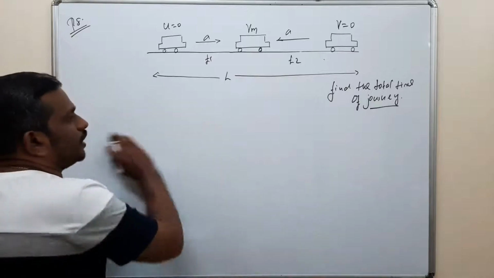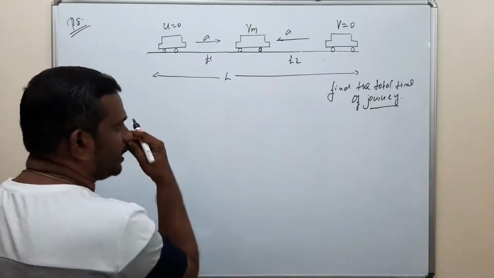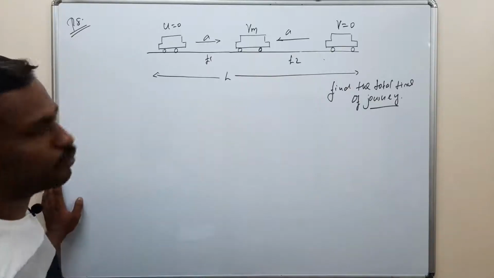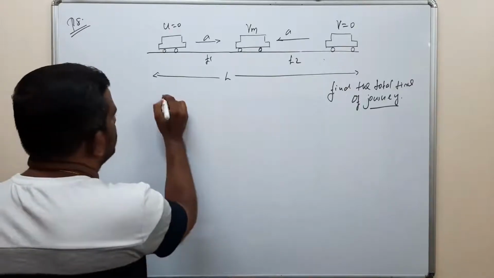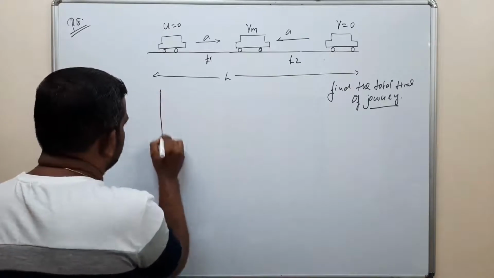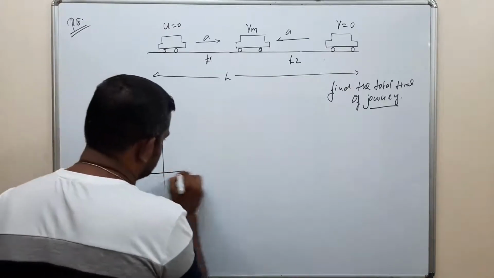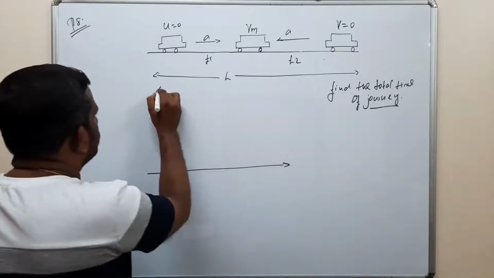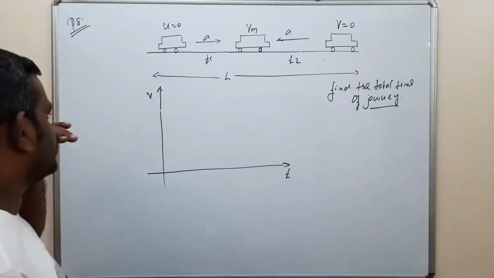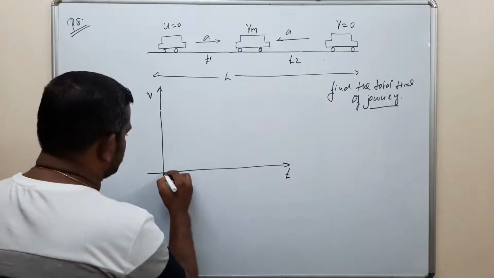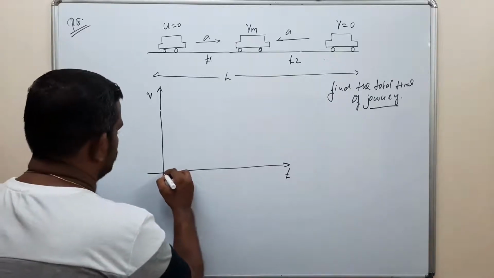So I am going to draw a graph. Using the graphical method we are going to find the total time of journey. I am going to draw the velocity time graph for the journey of the car. At time t is equal to 0, the car starts from rest, that is velocity is equal to 0.